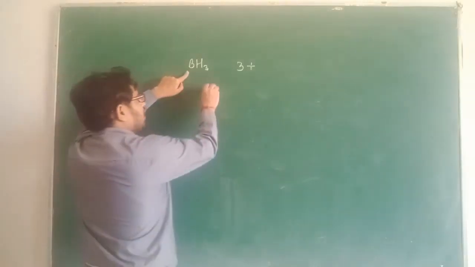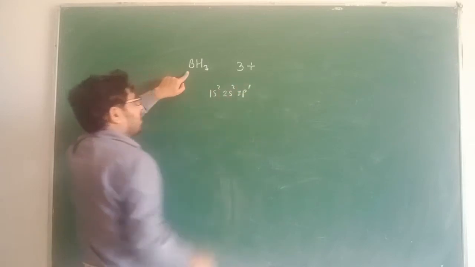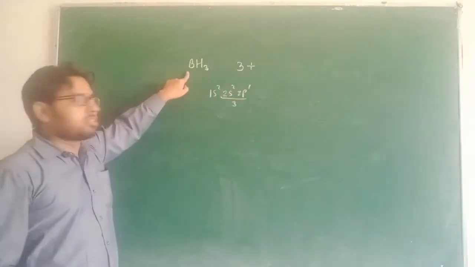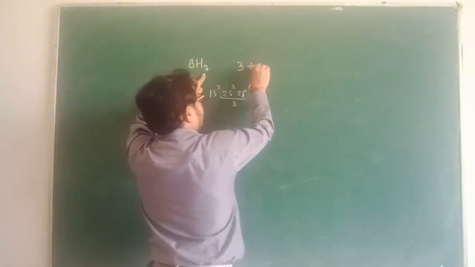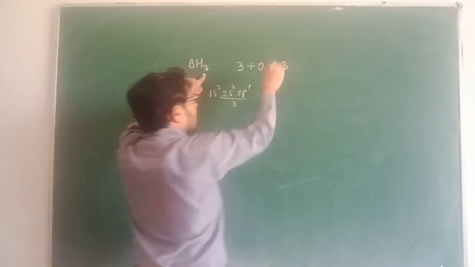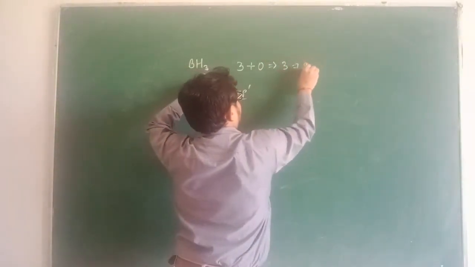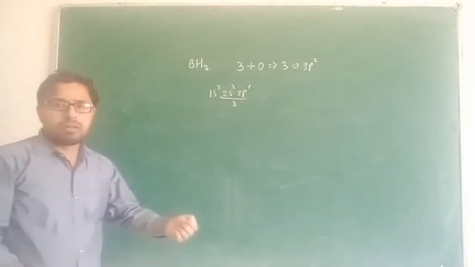If you will see, this is 1s2, 2s2, 2p1. So total outermost shell electron that is 3. All the 3 electrons are bonded with the hydrogen. So that means there is no lone pair. This is 3 plus 0. It is coming 3. As the sum 3 will be coming, then the hybridization is there sp2. So this is the way to find out the hybridization with the formula.